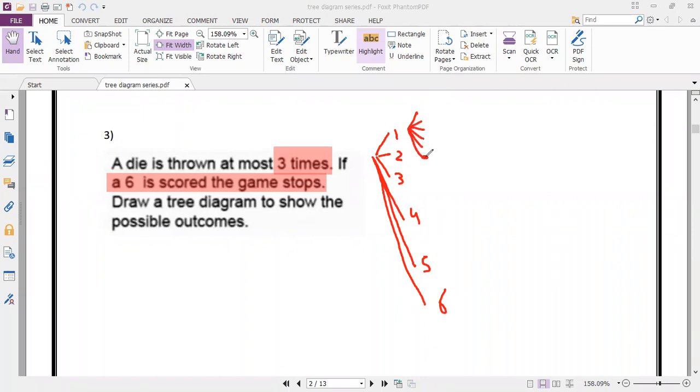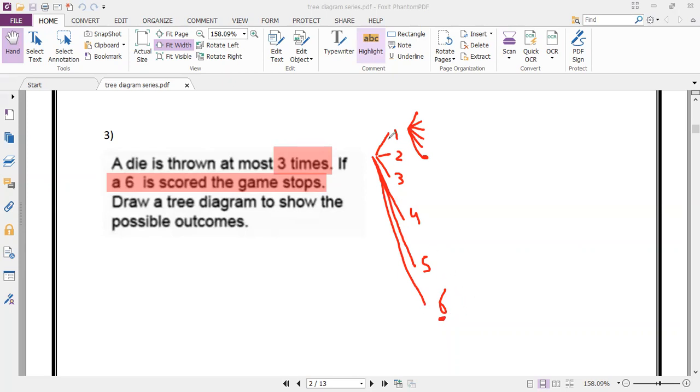When you got 6, the game stopped, because if you scored the 6, the game stops. What about this 6 here? Because we have got 6, the game stops. We don't have any steps to do again, because the game stopped.